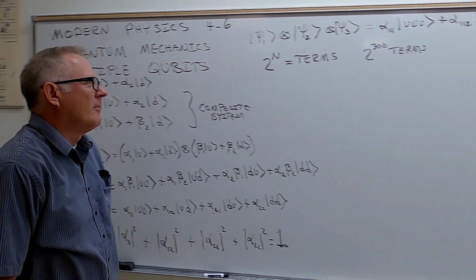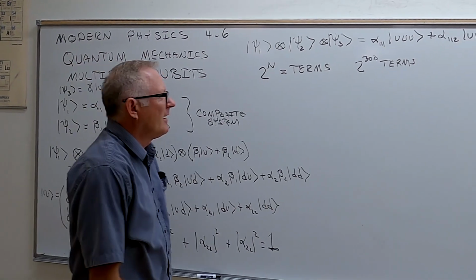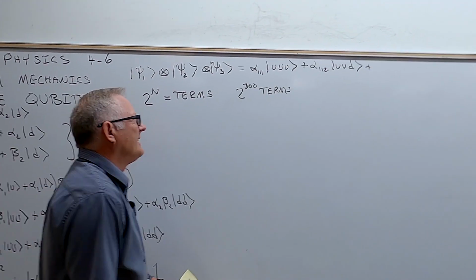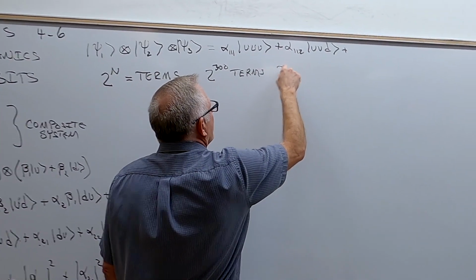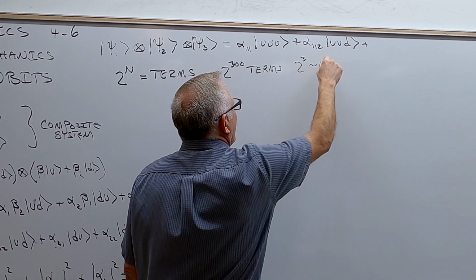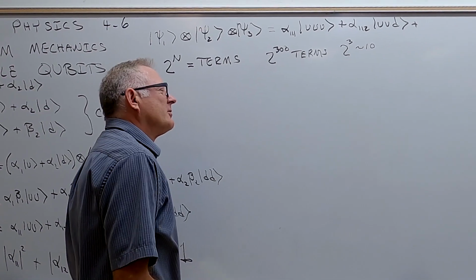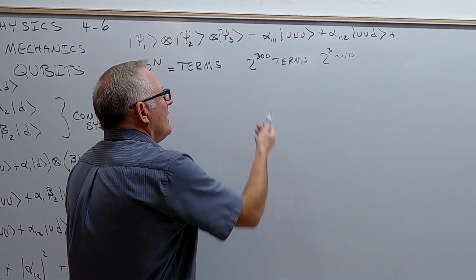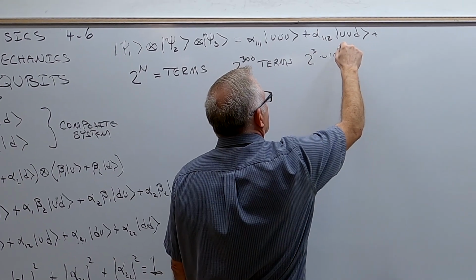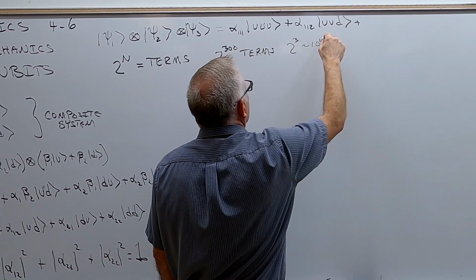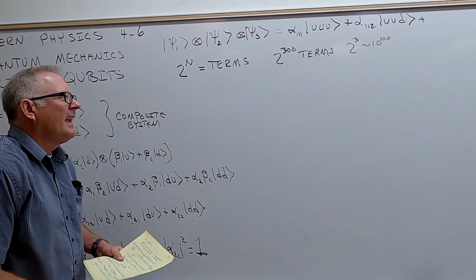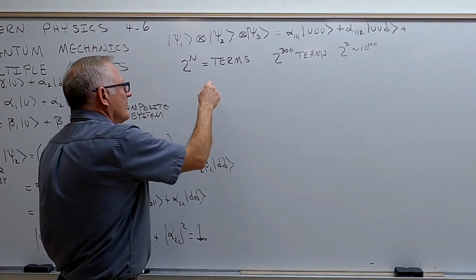How big is that number? 2 to the 300. Well, 2 to the 3 is 8, close enough to 10. Let's just say 2 to the 3 is around 10 for a minute. It's really 8, but it's close enough. So since I'm multiplying this by 100, this would be about 10 to the 100. Well, there's only around 10 to the 80th electrons in the universe.